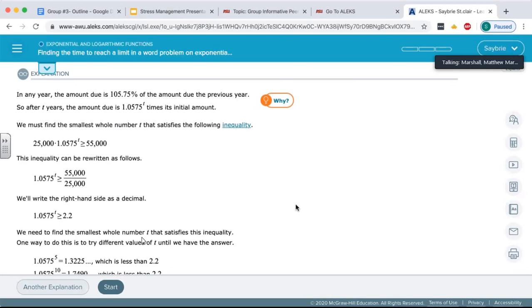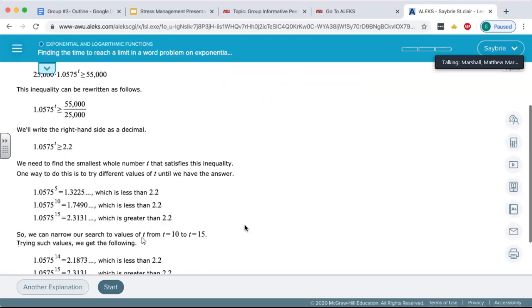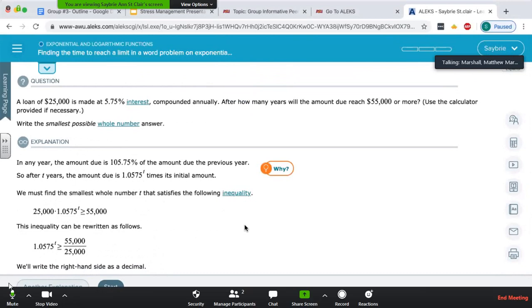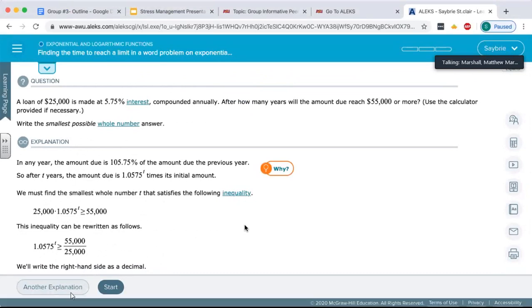Maybe tonight will be the night we get them right. So go back to the original problem. Interest compounded annually. I'm adding it. $25,000 times.